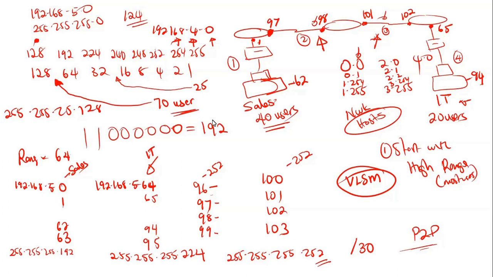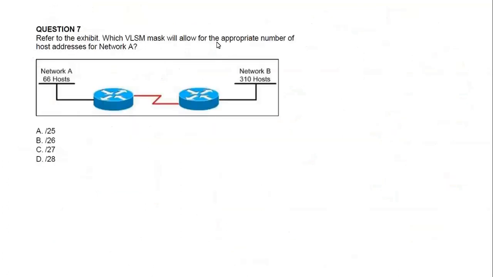Okay, so let's proceed and look at this. We had this question referring to the exhibit: which VLSM mask will allow for the appropriate number of host addresses for network A?